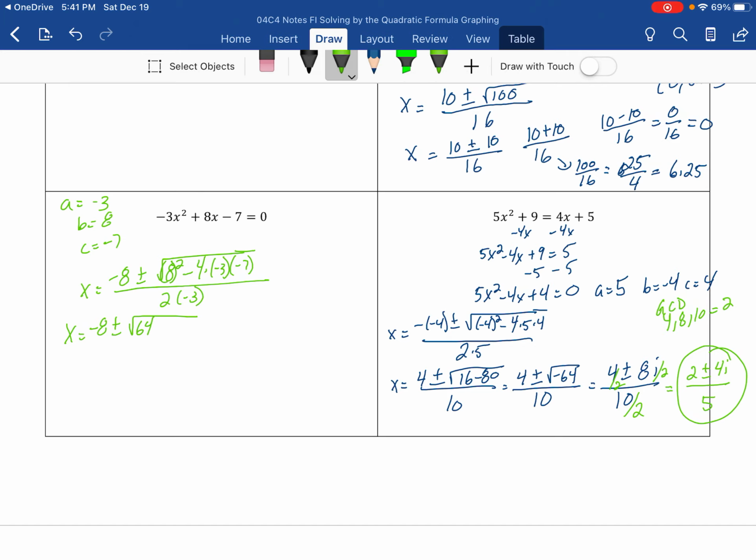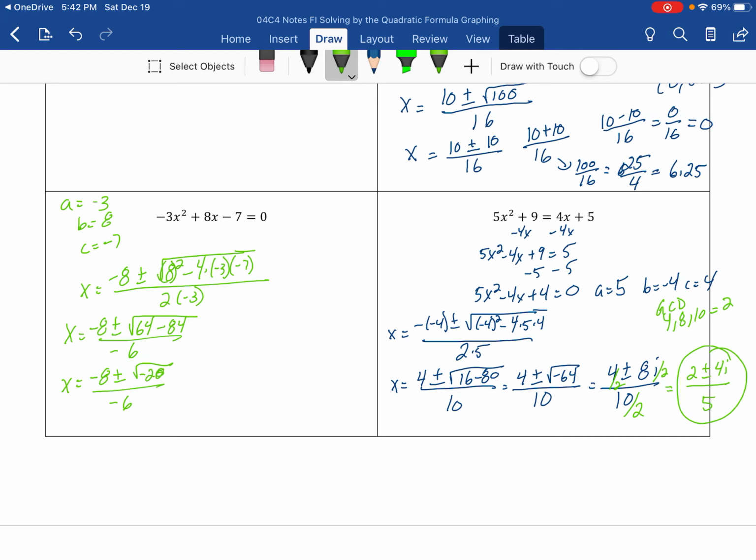That's going to be 64 minus 84 over -6. X is equal to -8 plus or minus the square root of -20 over -6.